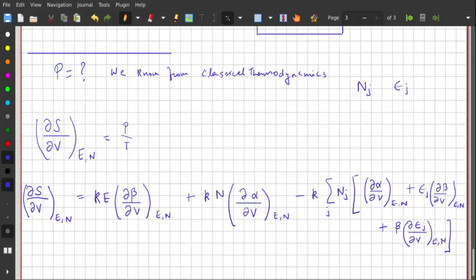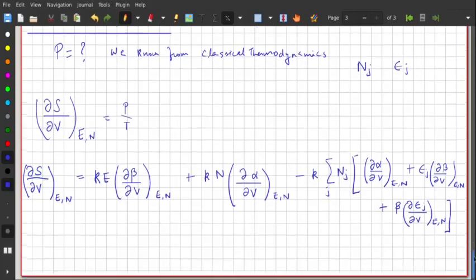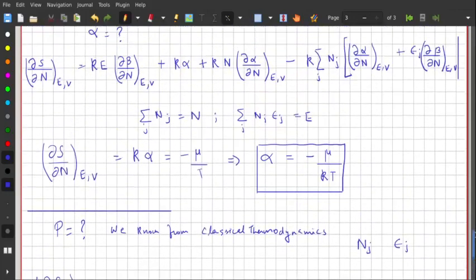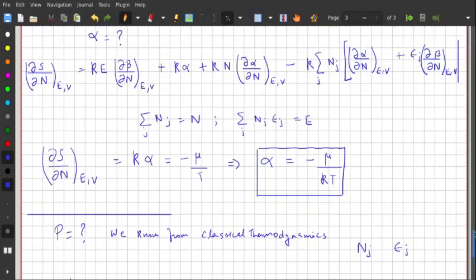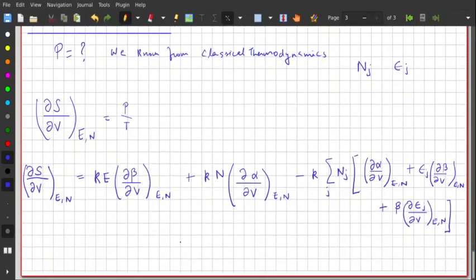Okay, so that's the expression for partial S partial V. Again using the same ideas as before, sum over n j is N, and sum over n j epsilon j is E. This becomes K N, which will cancel this term, and then K E partial beta partial V will cancel the first term. So what we are left with is the extra term we just had.